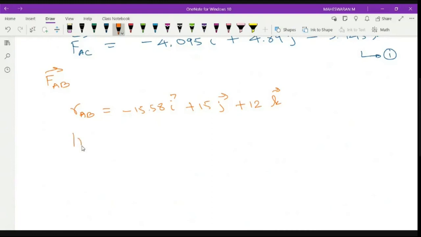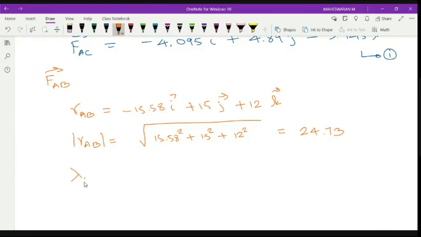Okay. So what is your magnitude of the force? So we are getting 24.73.